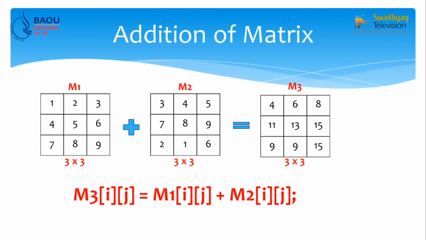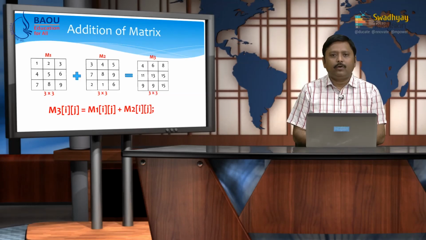So, 1 plus 3 is 4, 2 plus 4 is 6, 3 plus 5 is 8, 4 plus 7 is 11, 5 plus 8 is 13, 6 plus 9 is 15 and so on. So, in general we can say M3[i][j] is equal to M1[i][j] plus M2[i][j], where i represents the row number and j represents the column number, and these row numbers and column numbers always start from 0.